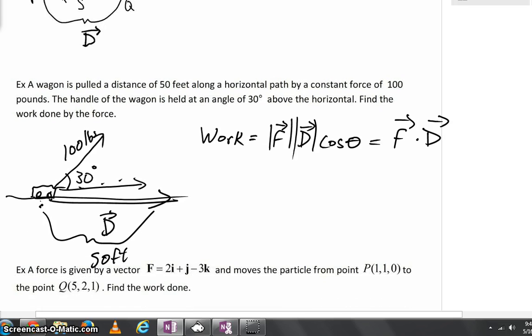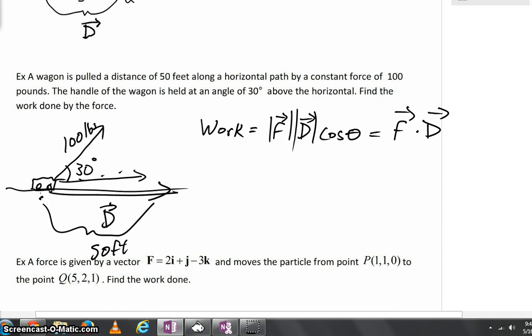Let's take a look at an example here. A wagon is pulled a distance of 50 feet along a horizontal path, and you can see 50 feet's on the floor there. Constant force of 100 pounds, but the handle of the wagon is held at an angle of 30 degrees above the horizontal. Find the work done by the force.